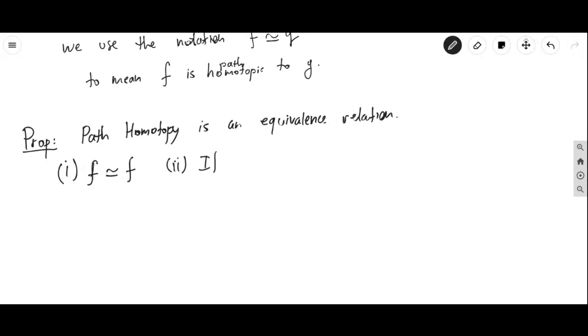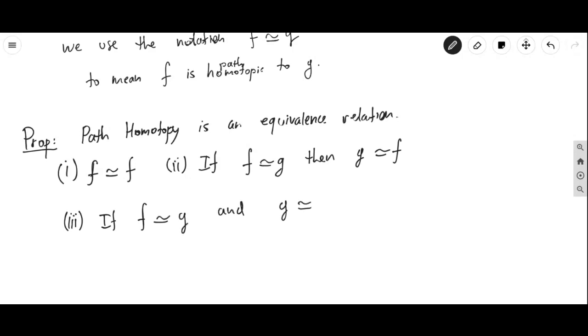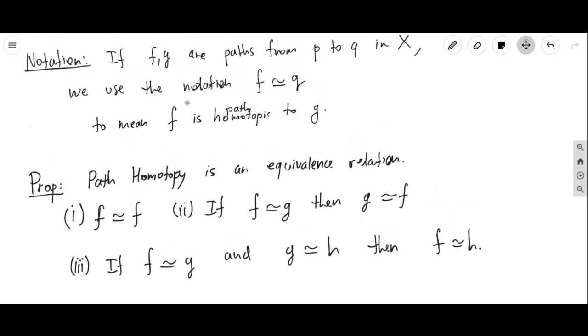The second one says that if F is homotopic with G, then G is homotopic with F. And the third one says that if F is path homotopic with G, and G is path homotopic with H, then F is path homotopic with H. So that's what we call an equivalence relation. We want to treat homotopic paths as being the same because you can deform one into the other.